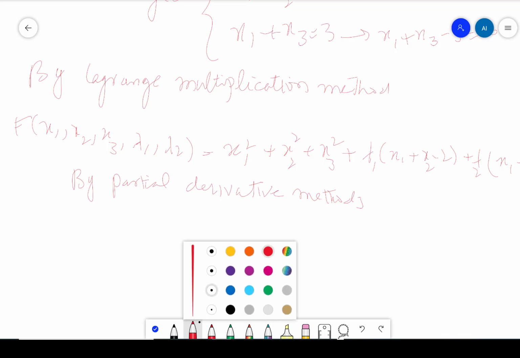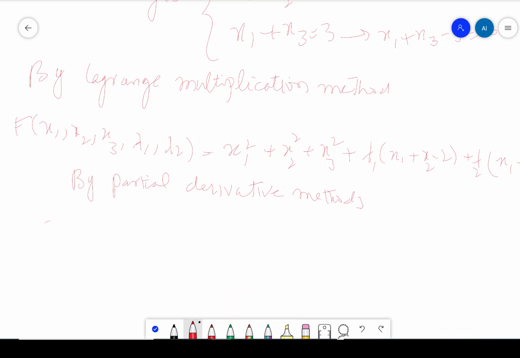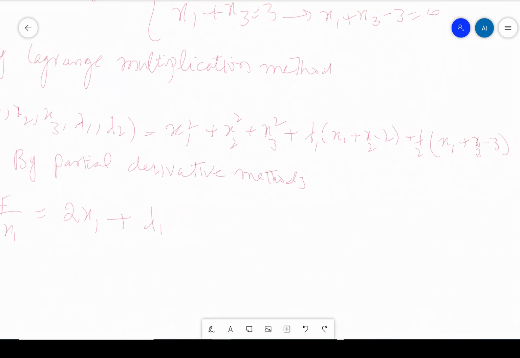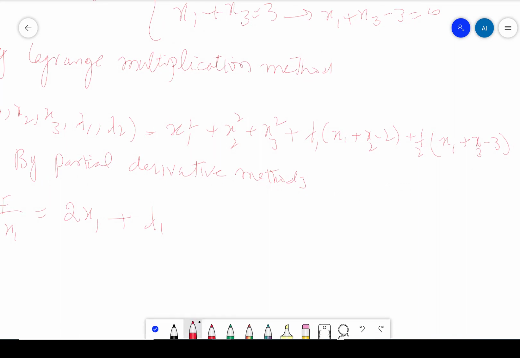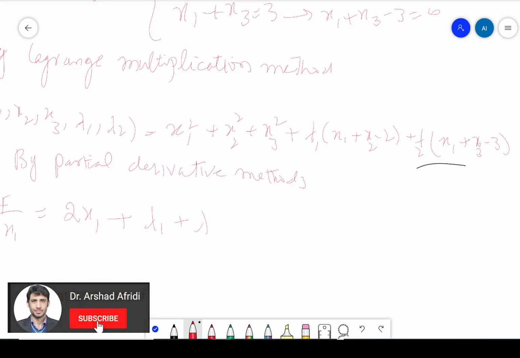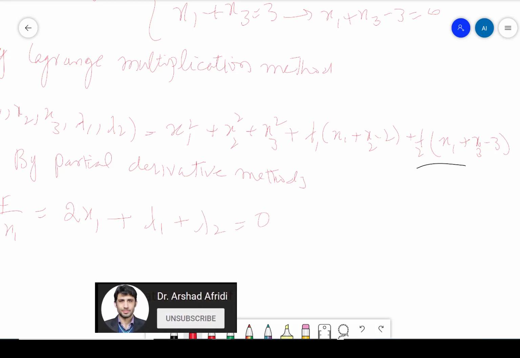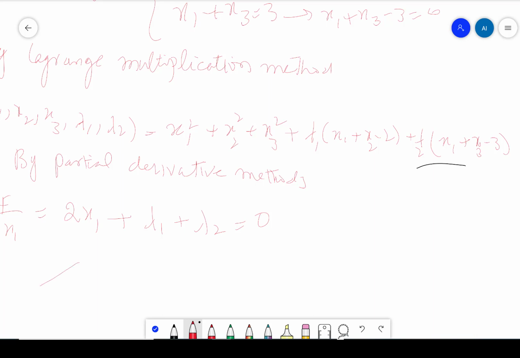So let's find the derivative with respect to x1, which gives us 2x1, and x2, x3 will be removed due to partial derivative, plus lambda 1, and since lambda 2 is also available in this equation, we can write this equation like this: 2x1 plus lambda 1 plus lambda 2.